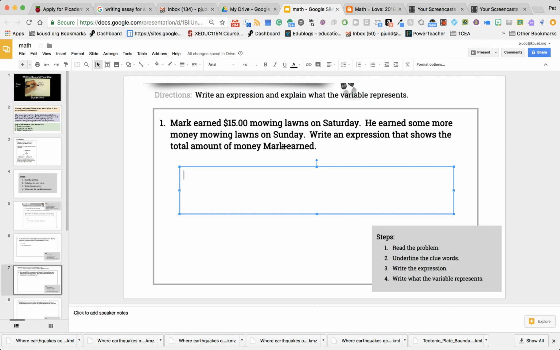That's going to be my variable. So my expression is going to be 15 plus M. In this case, M represents, or equals, the money earned on Sunday. Okay, 15 plus M is the total amount of money that Mark earned.